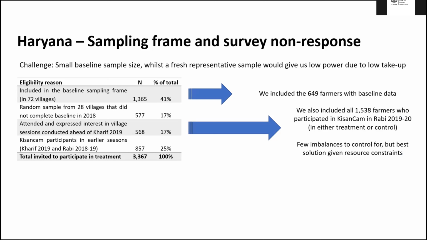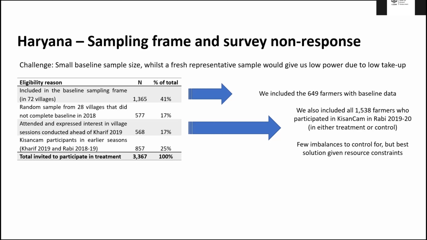And so implementation was done in those 100 villages, but we could not do a baseline survey in those 28 additional villages. And with the baseline sample size being small, we really had to find a way to increase our midline sample size in order to be able to identify impacts.